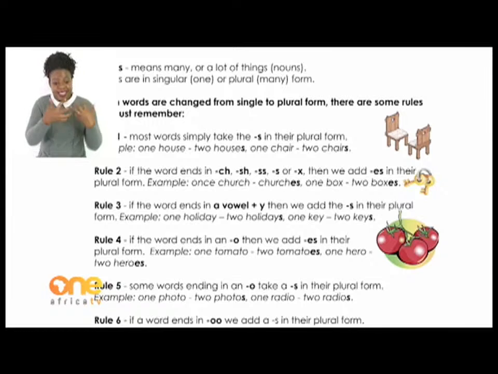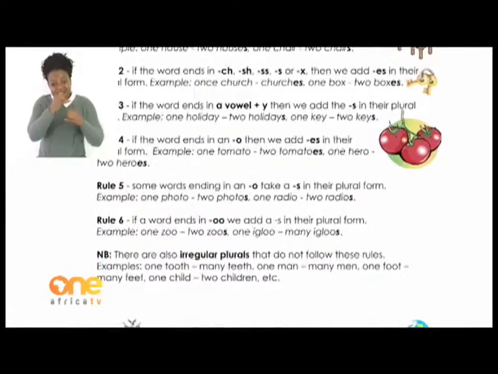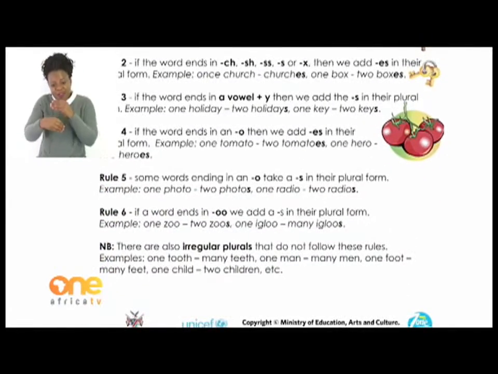Church. This noun ends with CH. When there are many churches, ES is added to the noun church. One box ends with X, we add ES for it to become boxes.